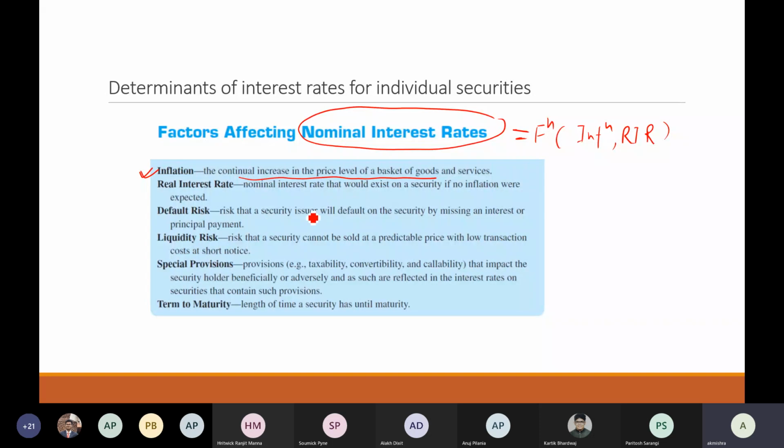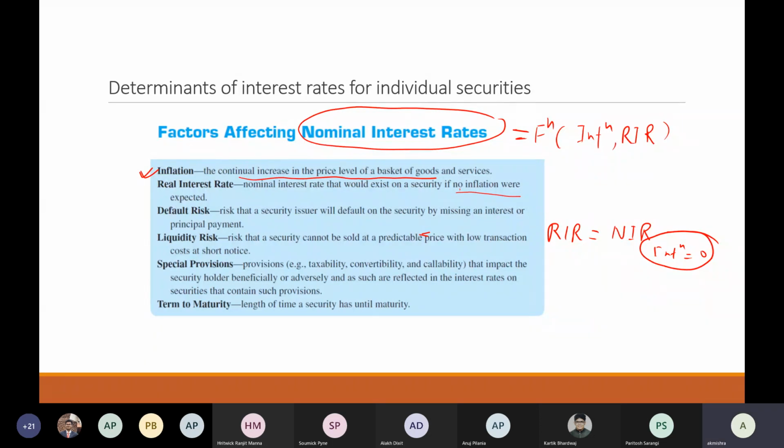Real interest rate is the nominal interest rate that would exist on a security if no inflation were expected. It means your real interest rate will be equal to the nominal interest rate given that your inflation is 0. So this is the condition.